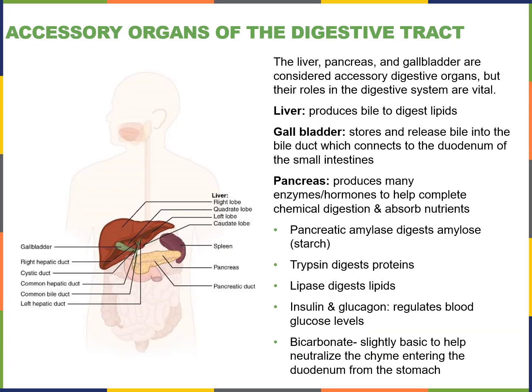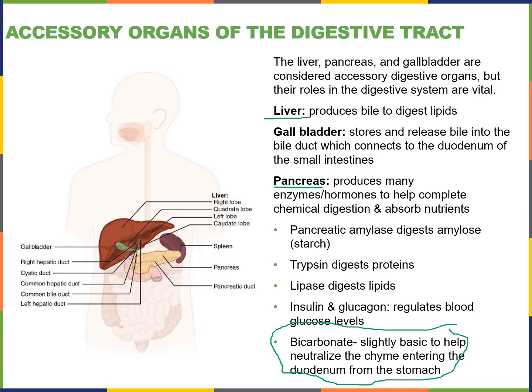So this is the last slide, which is focusing on the accessory organs of the digestive tract. There's nothing here that I haven't discussed already, except I want to focus a little bit more on the pancreas, because this is the point I was going to make earlier, and I said I would tell you later.